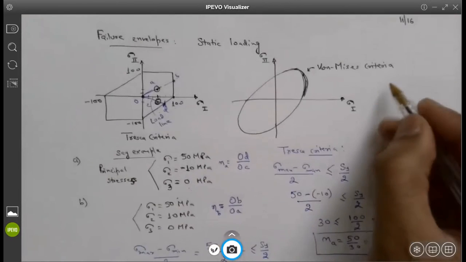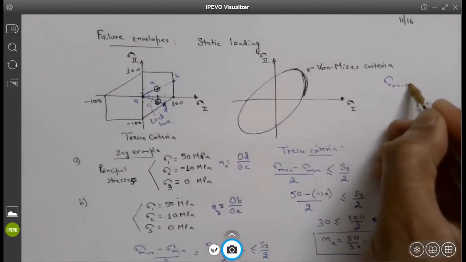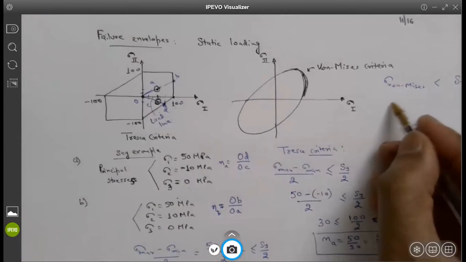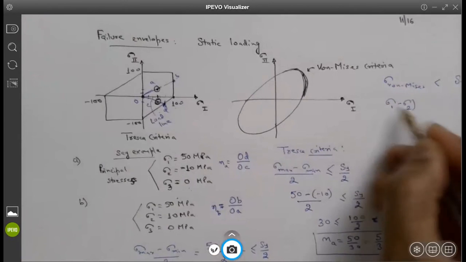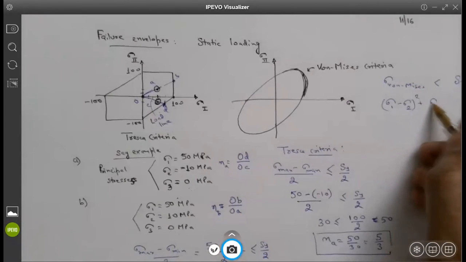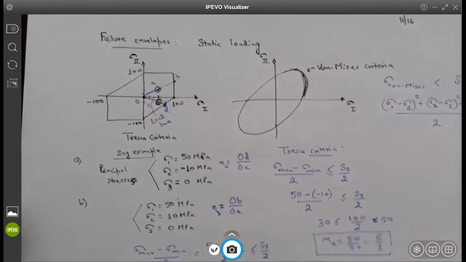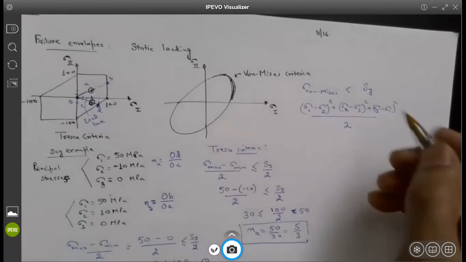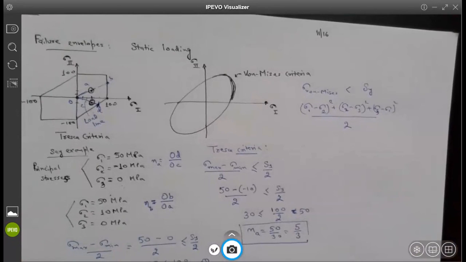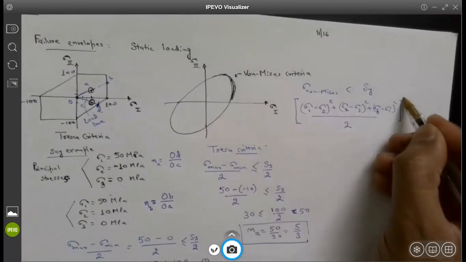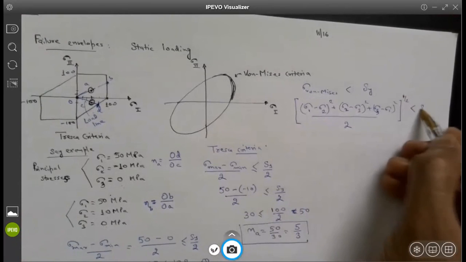So von Mises criteria, the von Mises stress has to be less than sigma y. And von Mises stress in terms of principal stress is sigma 1 minus sigma 2 whole square plus sigma 2 minus sigma 3 whole square plus sigma 3 minus sigma 1 whole square, divided by 2, and square root of that should be less than the yield.